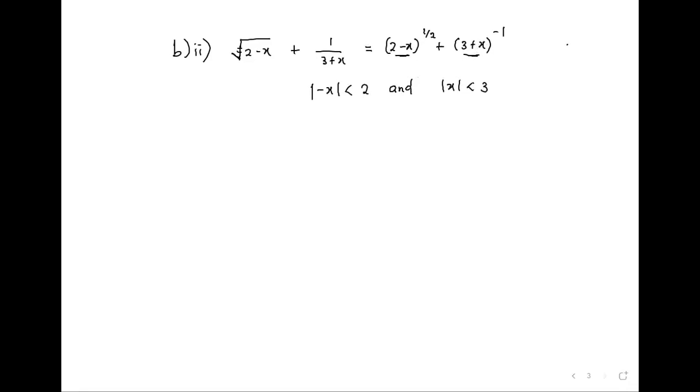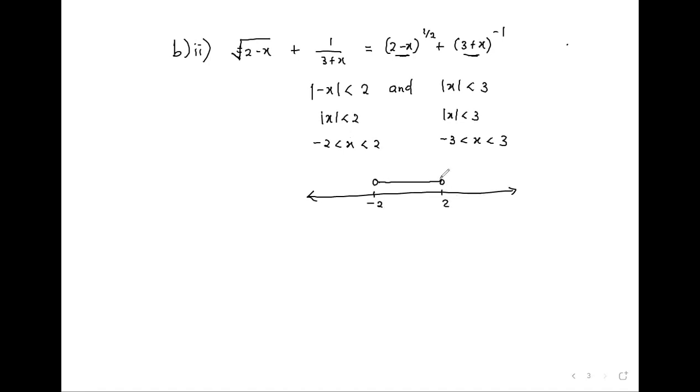So that here we'll have the absolute value of x less than 2. Here we'll have the absolute value of x less than 3. But look, this means that we have -2 less than x less than 2. Here we have -3 less than x less than 3. If you go on a number line, you have -2 to 2. You also have -3 to 3.